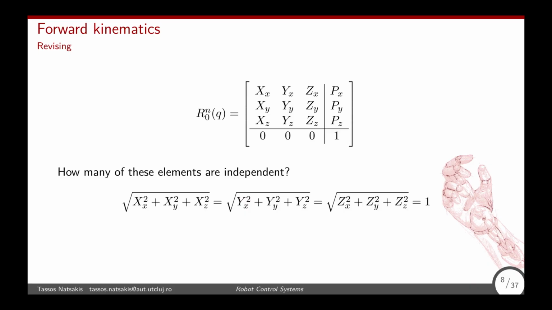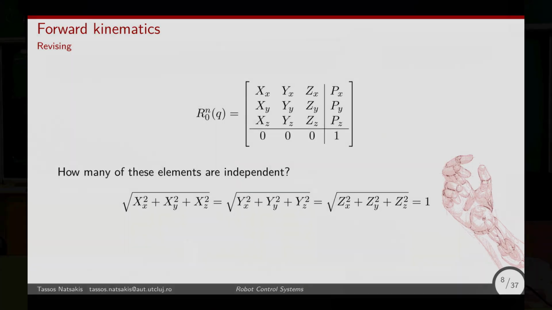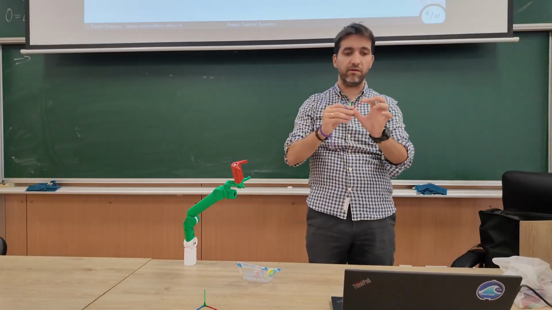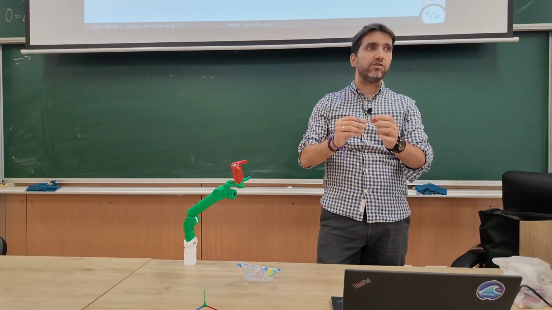So basically, what does length 1 mean? If I have the 3 coordinates, if I take the square root of the sum of the squares for each one of the vectors, they have to have length 1. That's the norm, the Euclidean distance, however you call it. So that's a constraint.